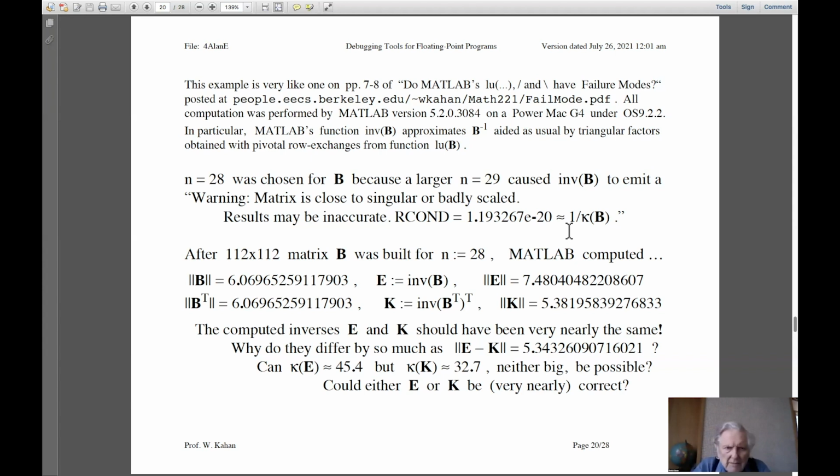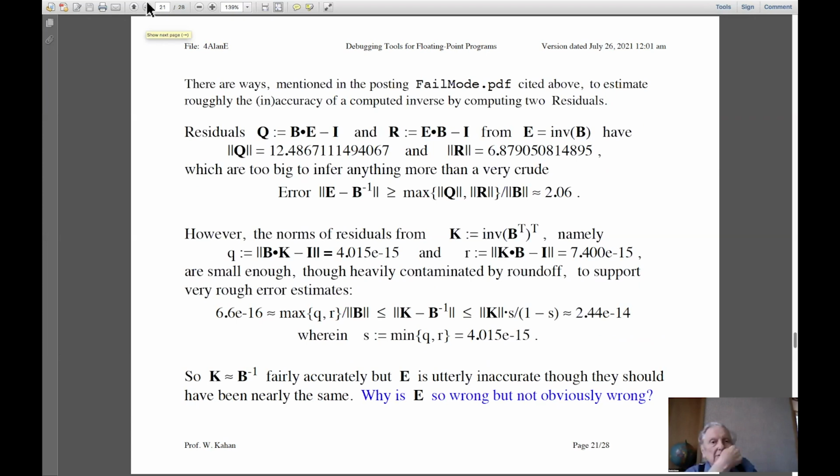Well, let's see. Let's look into this in order to get some idea of how inaccurate they are. What we're going to do is compute residuals. Now you see, if E is an inverse, then the residual, BE minus the identity, if E were exactly the inverse, Q would be 0. So if Q is far from 0, that means that E is not a very good inverse.